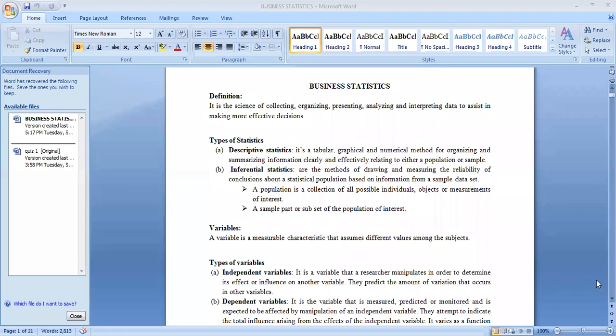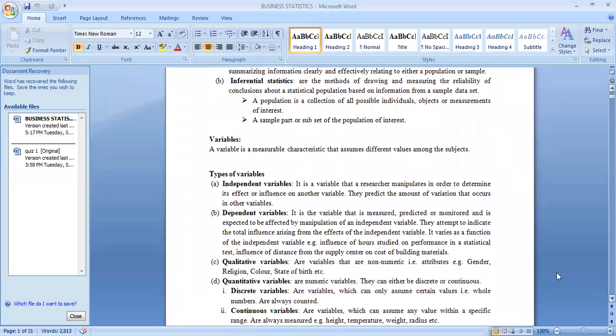Then in statistics, we are also going to come across variables. What we normally refer to as a variable is any characteristic that is measurable. For example, age can be a variable.